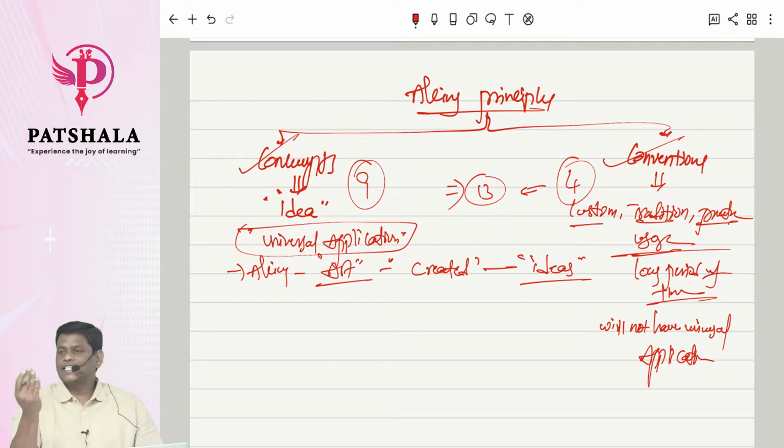Next, it doesn't have universal application.